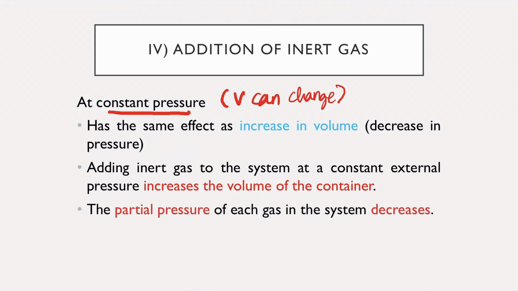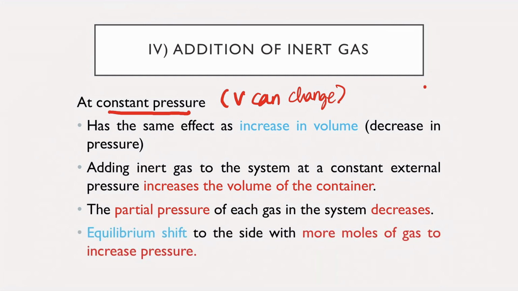Okay? Pressure remains constant kan? So that means the partial pressure of each gas in the system will decrease. Okay, kalau macam tu maksudnya awak punya Kp kan? Partial pressure of your product gases dengan partial pressure of your reactant gases, when they decrease, then your Kp will change lah.